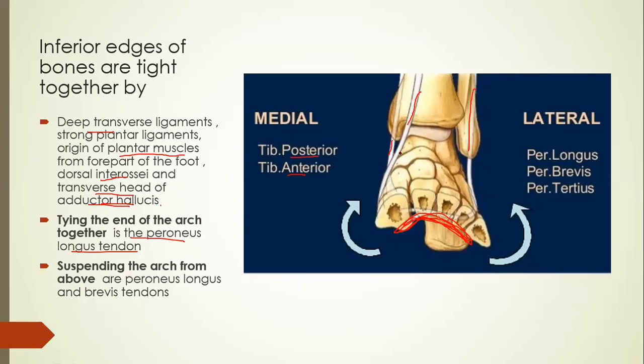These muscles originate in the leg and insert in the foot on the bone, and they maintain this structure from the medial side. On the lateral side, the peroneus longus, brevis and tertius pull so they can maintain the transverse arch.